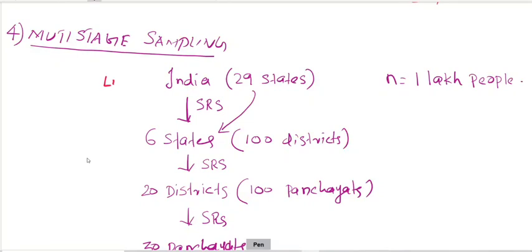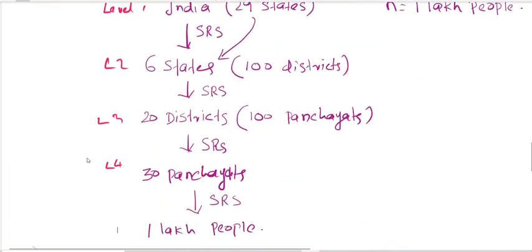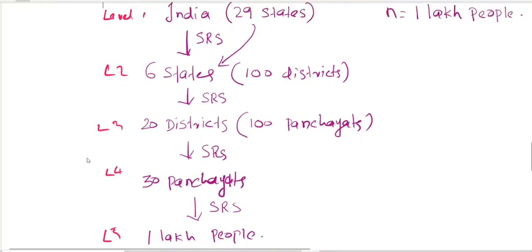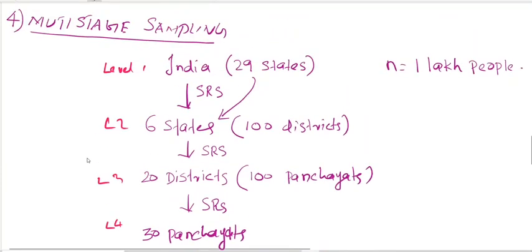This is level 1, level 2, this is level 3, and level 4. Ultimately we reach our sample. This is level 5. It can be any number of levels depending upon the sample and the population size. So we want to select 1 lakh people from 130 crores of people.